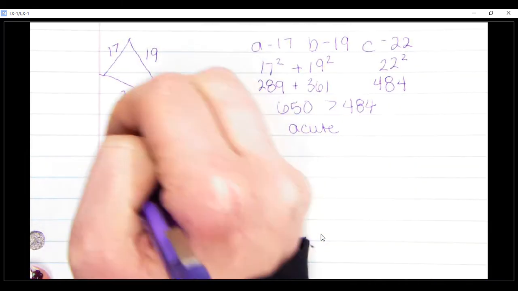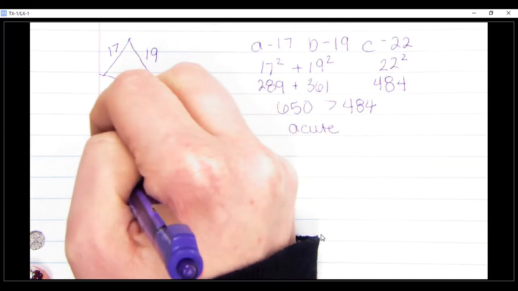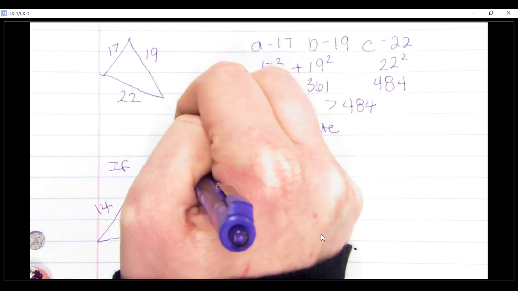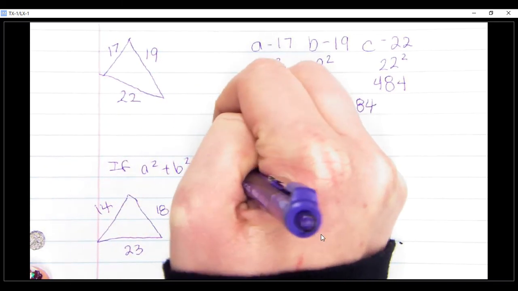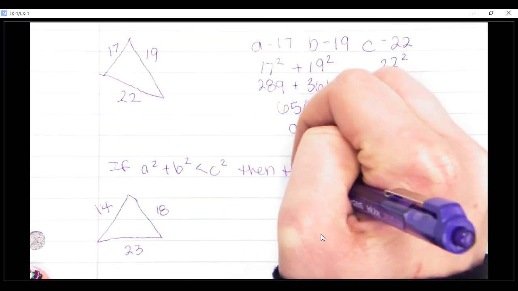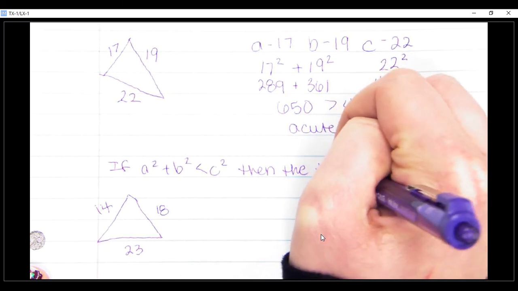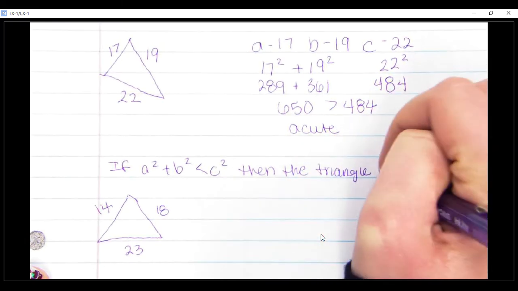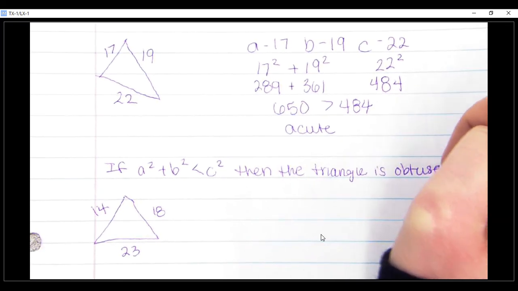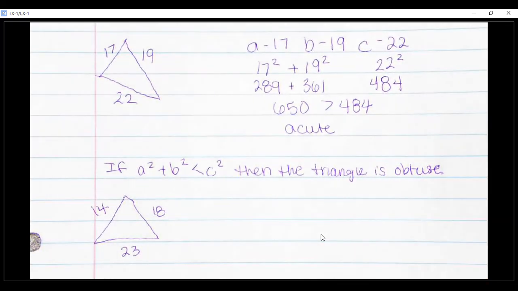Our converse is that if a squared plus b squared is less than c squared, then the triangle is obtuse.